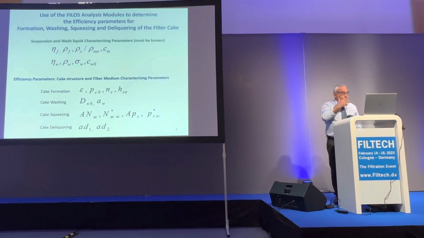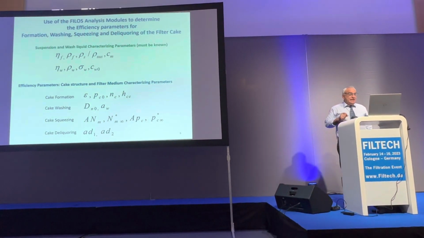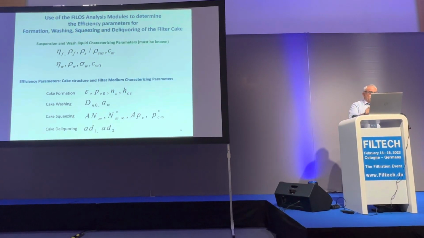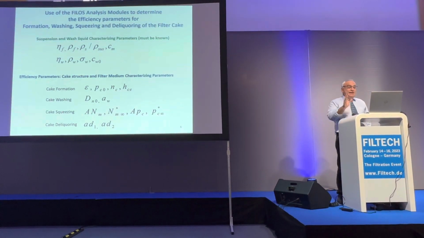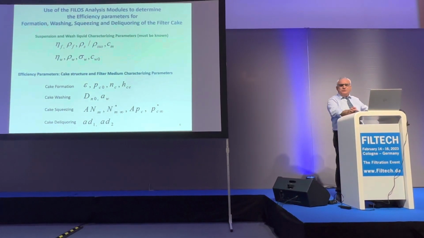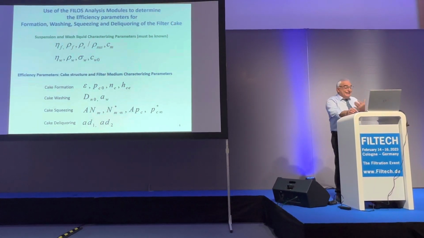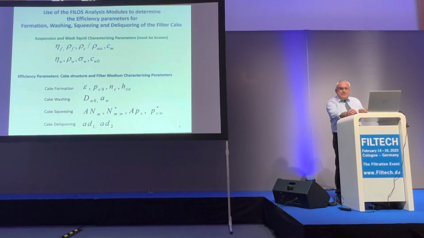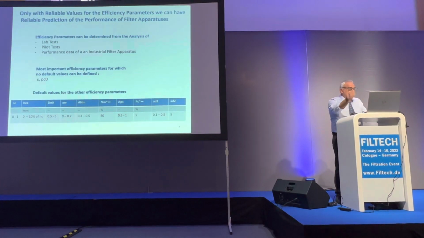So now, if we want to characterize the suspension for cake formation, washing, squeezing, deliquoring, besides the suspension characterizing parameters, viscosities, densities, solids mass fraction, we need also these efficiency parameters. And these we can get only by doing tests.